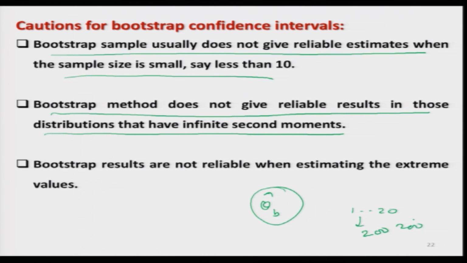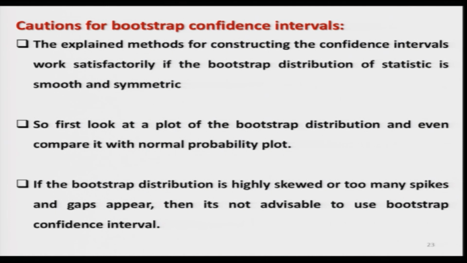Then in those situations, when we have extreme values in the data, in the bootstrap values, the bootstrap confidence intervals are not reliable. Actually, in this case, even classical statistics has different tools to handle the situation. So, the same story continues in the case of bootstrap samples also.